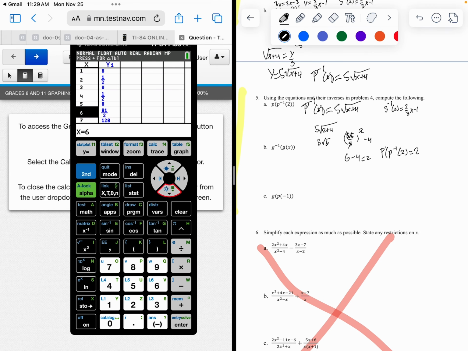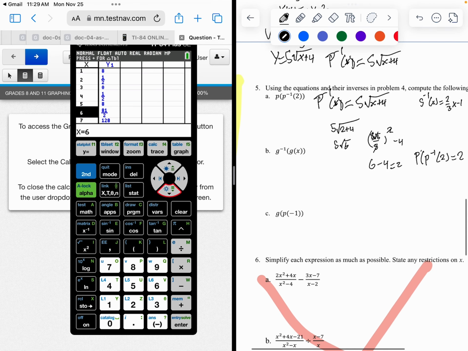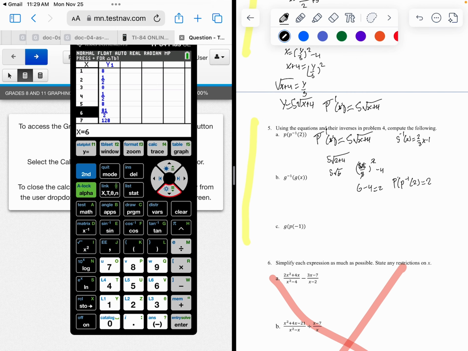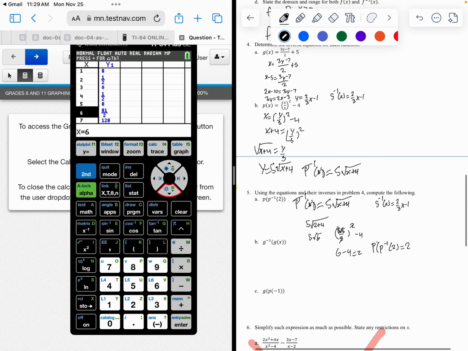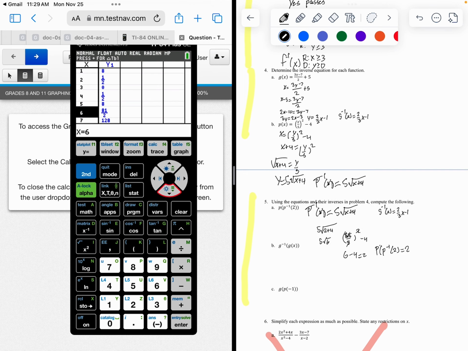Alright, next one, G inverse of G of x. Okay, so all we're going to do is plug G of x into G inverse of x with no number.